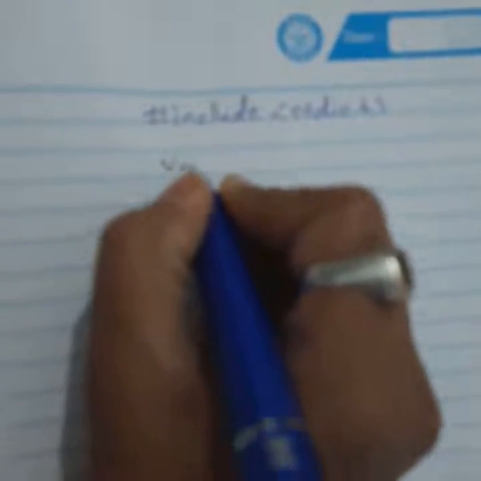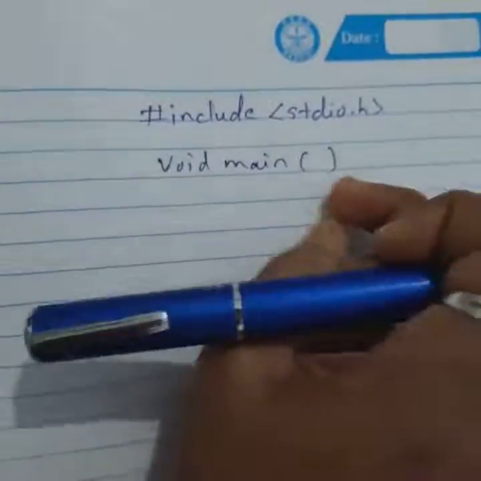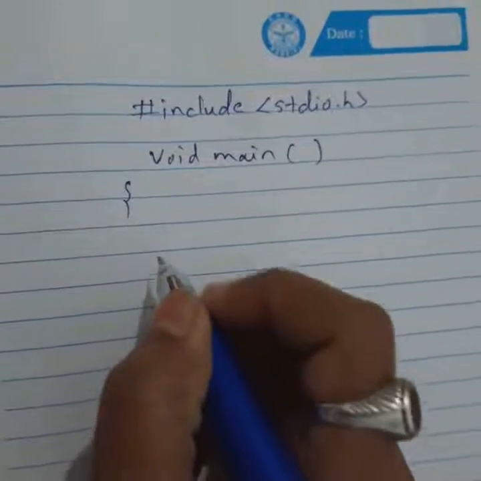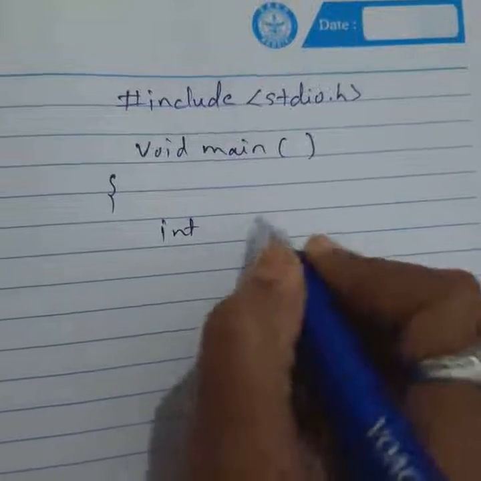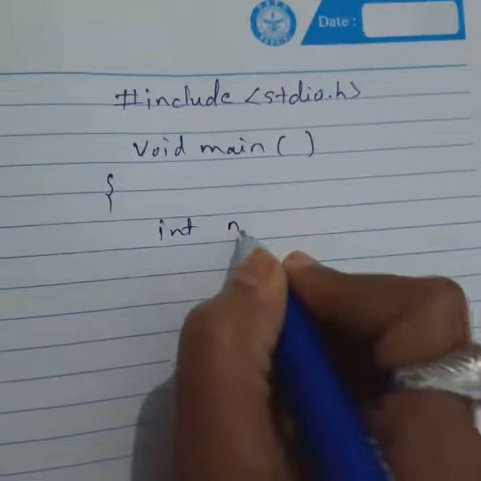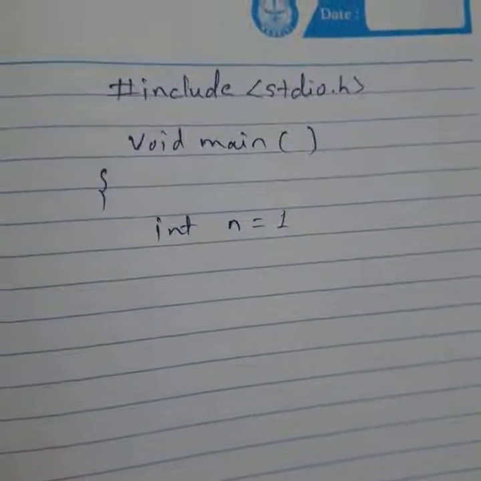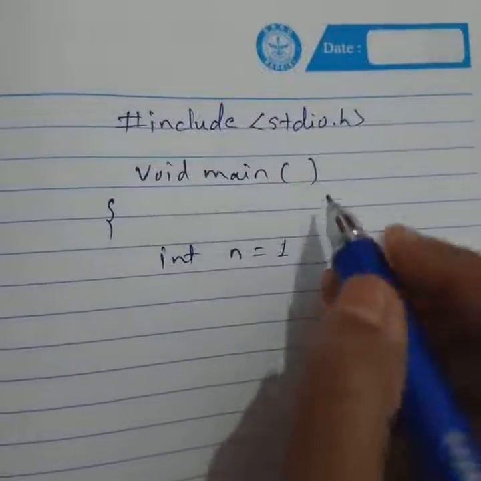After that, void main, which is the inbuilt function, and an opening curly bracket. We print the first n natural numbers. For that, we take one variable, integer n, starting from 1, because natural numbers start from 1, so we write n is equal to 1.